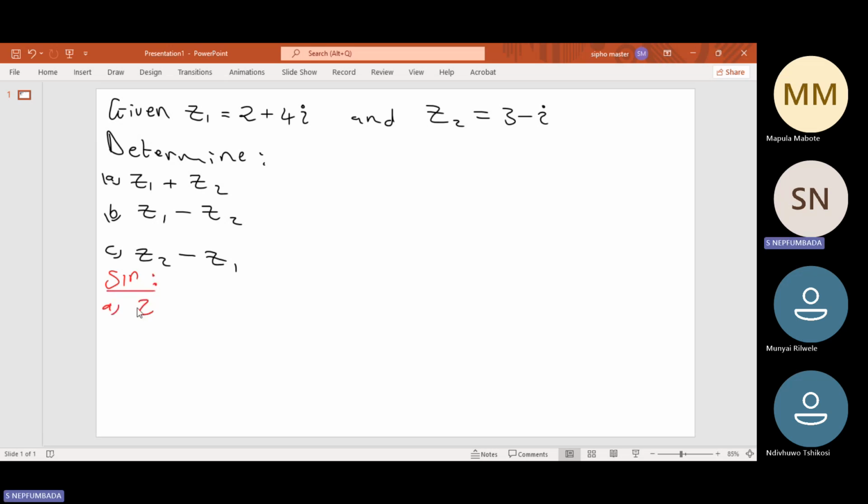We're going to say Z1 plus Z2 is equal to 2 plus 4i plus 3 minus i, and you can put them in brackets if you want. Therefore, we group the real numbers with real numbers and the imaginary with imaginary.